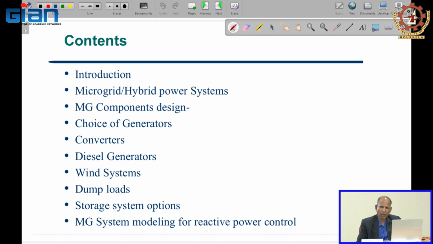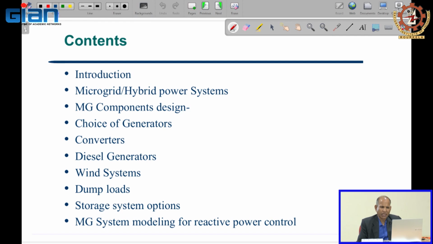We are covering several topics and some topics overlap; the same issue we speak about differently. Here we talk particularly about the isolated microgrid.